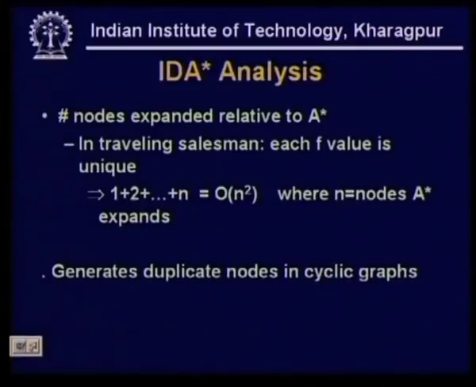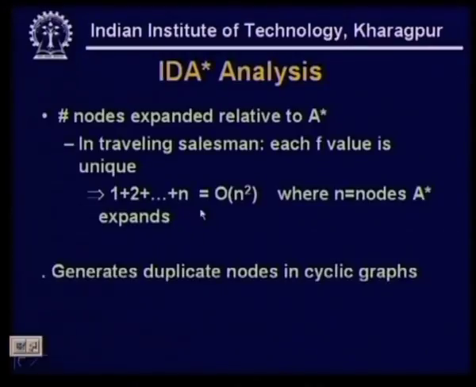So, IDA star will expand one new node in every iteration, and the number of nodes expanded would be 1 in the first iteration, 2 in the second, 3 in the third, and in the last iteration the number of nodes expanded will be equal to n. So, the total number of nodes expanded is big O of n square, where n is the number of nodes A star expands.